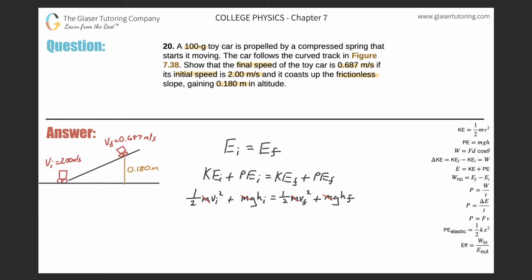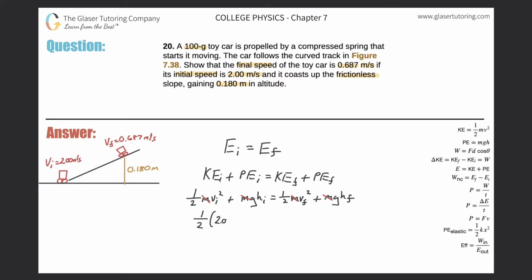Now let's start plugging in some values. The first term is 1/2 times the initial velocity squared. The initial velocity was 2. Notice I'm not really concerned about x or y coordinates. I just want to know the velocity of the vehicle overall, so that's one of the benefits of taking this energy approach. It might be a little easier.